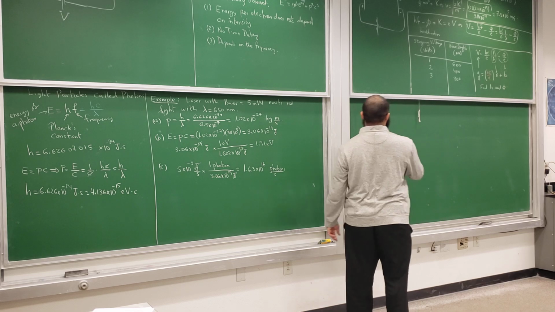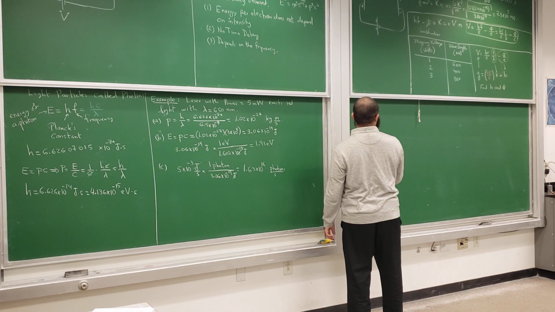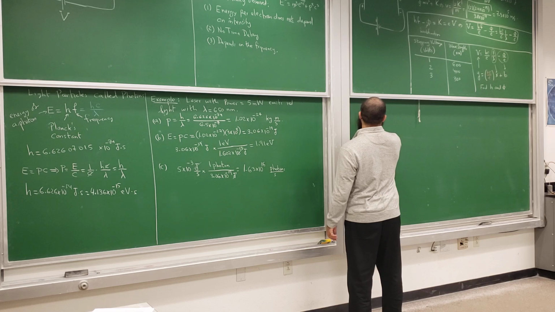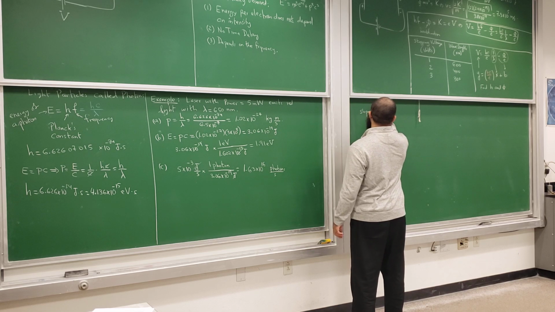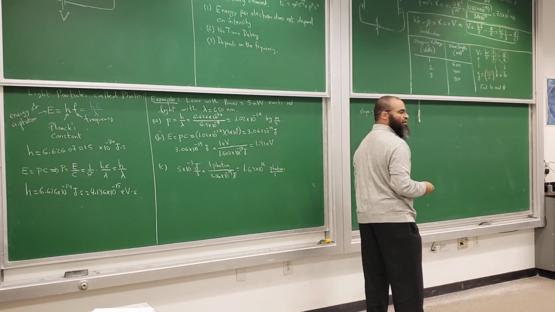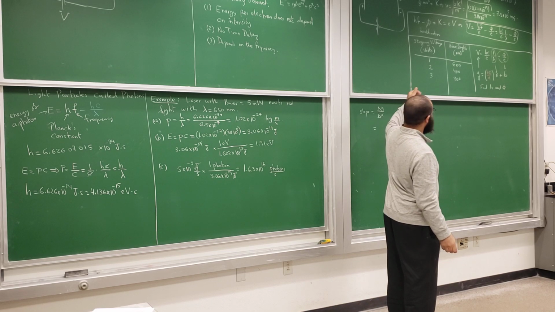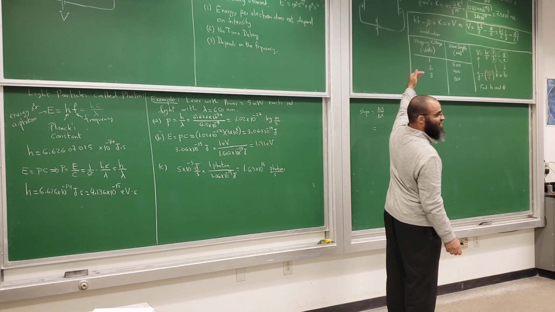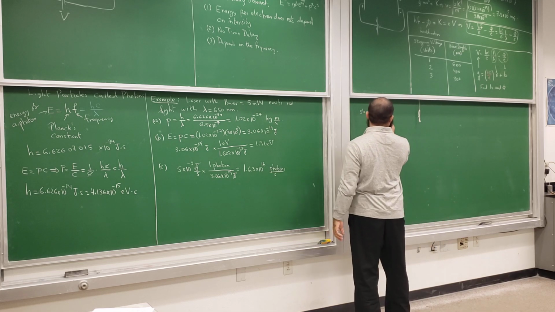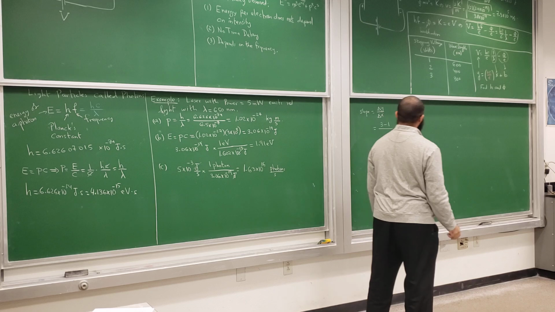So first, for h, we need to find the slope. The slope, as you know, is the change in y over the change in x, the rise over the run. Let's choose the first and last point. So 3 minus 1 over, what am I plotting?